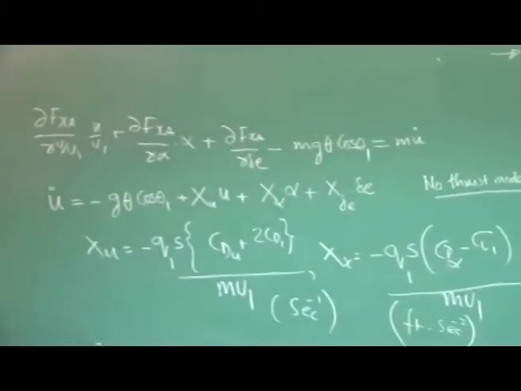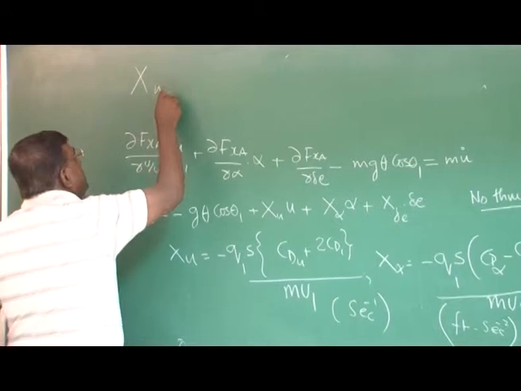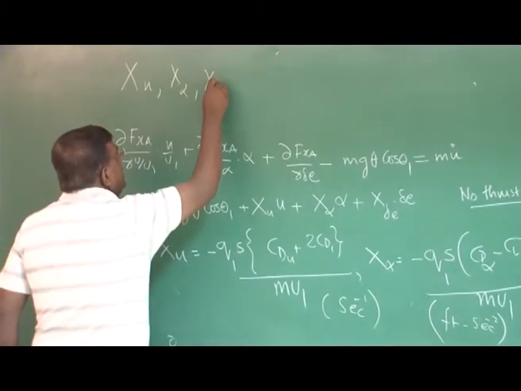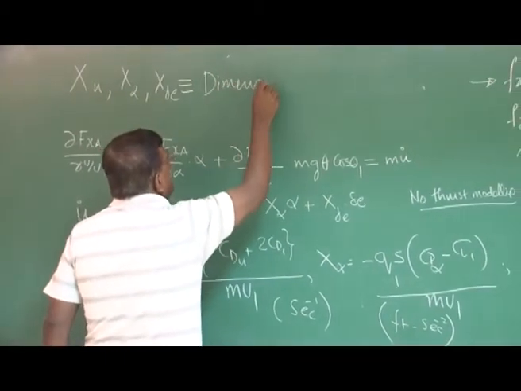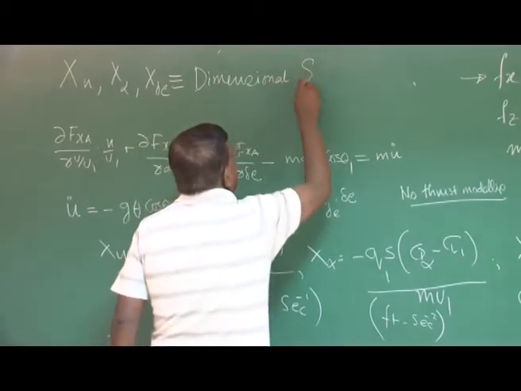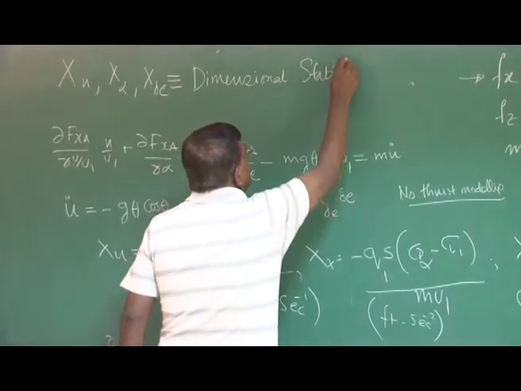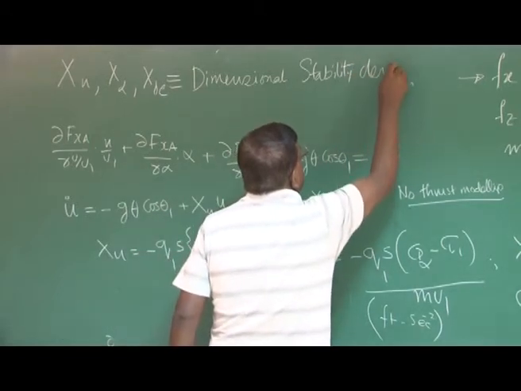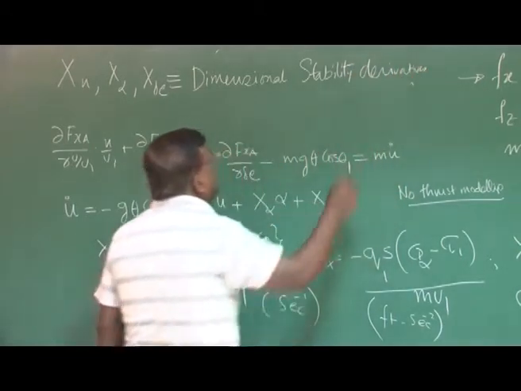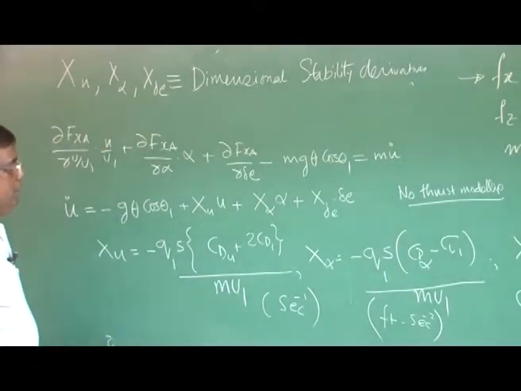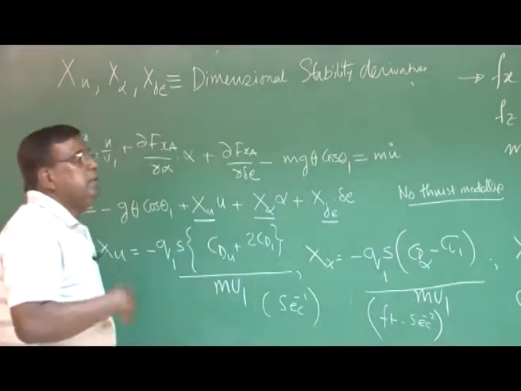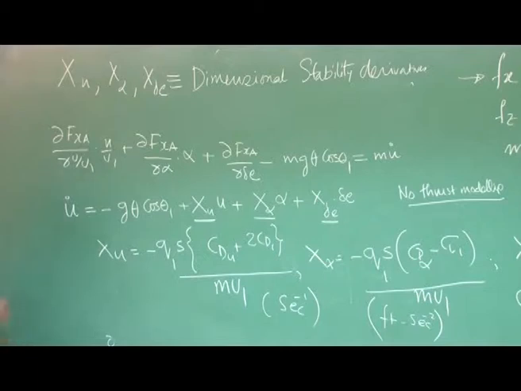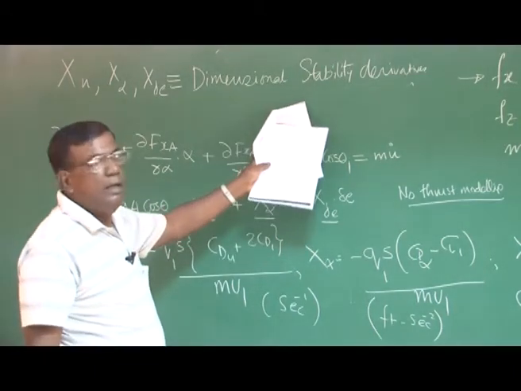So these Xu, X alpha, X delta E are termed as dimensional stability derivatives. You will soon realize these dimensional derivatives Xu, X alpha, X delta E, similarly Mu, M alpha, M delta E, Zu, Z alpha, Z delta E, all will play an important role in deciding the dynamic stability of the airplane.